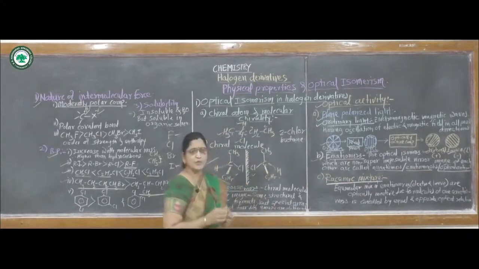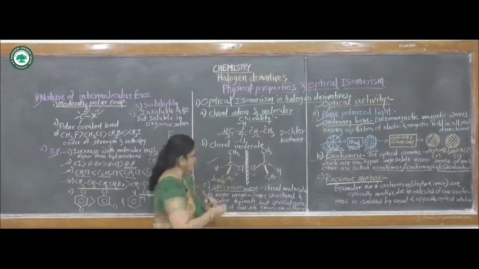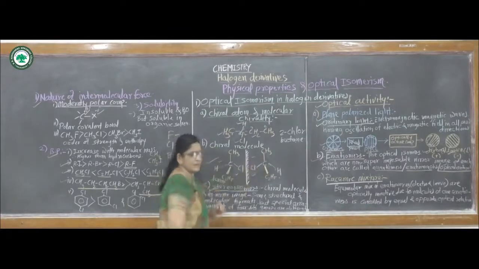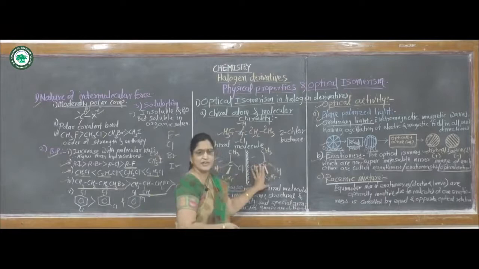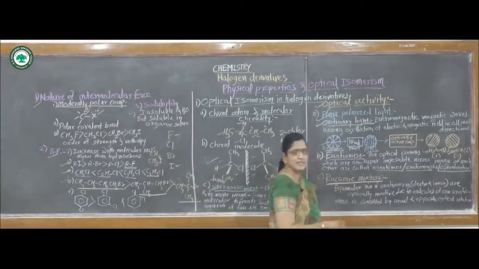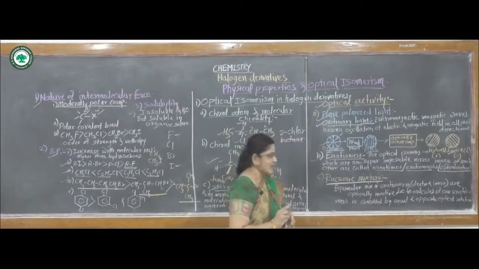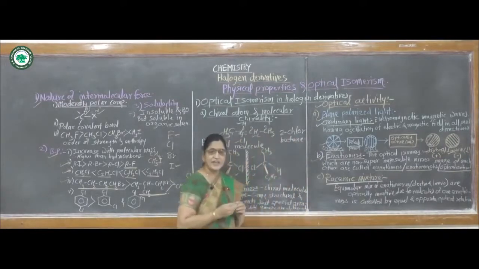It is an equimolar mixture of enantiomers, suppose 50% dextro-rotatory compound and 50% laevo-rotatory compound. An equimolar mixture of enantiomers, one dextro-rotatory and another laevo-rotatory, is optically inactive.